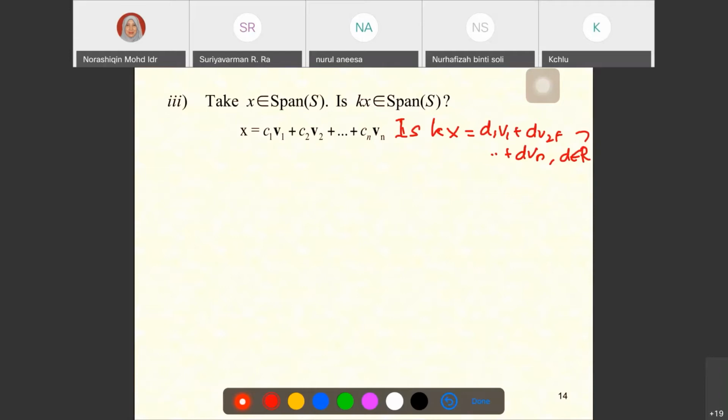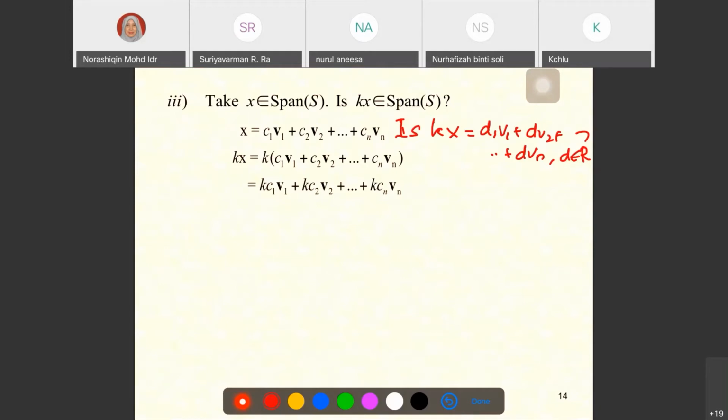So, what is Kx then? Kx is K times X, and then we can multiply K inside. This is all real, so that means we can just omit the bracket.